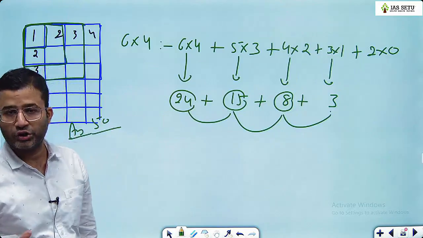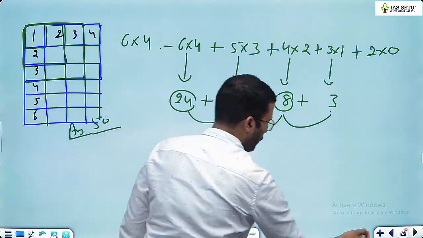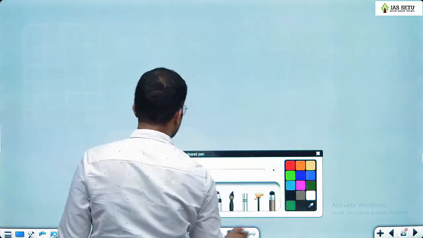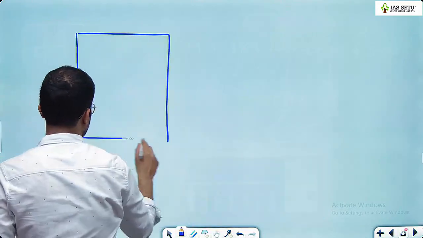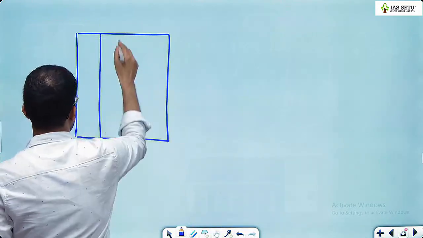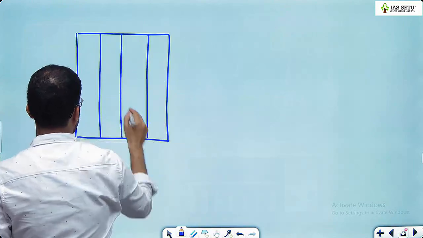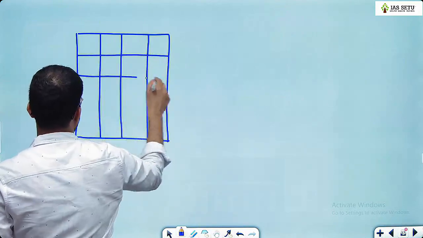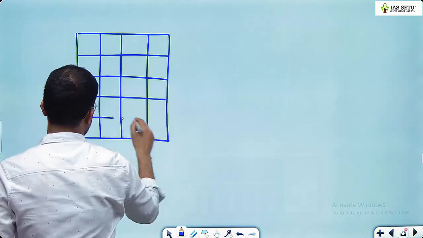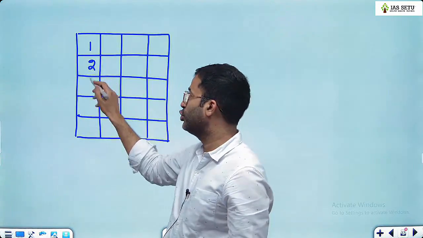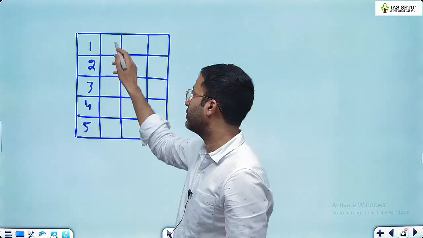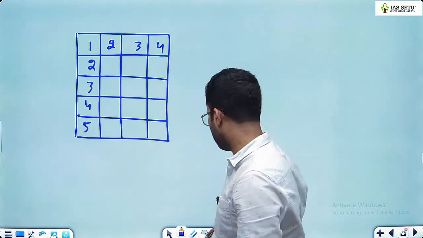I take one more question. We name this figure 1 2 3 4 5, 1 2 3 4.